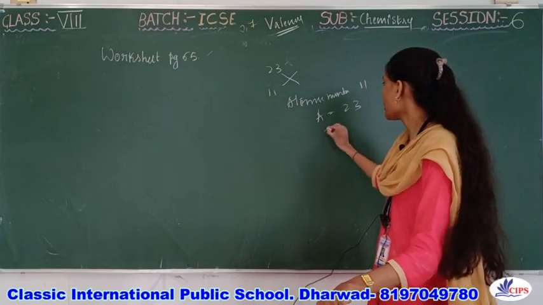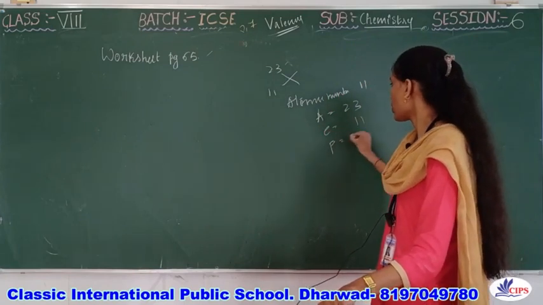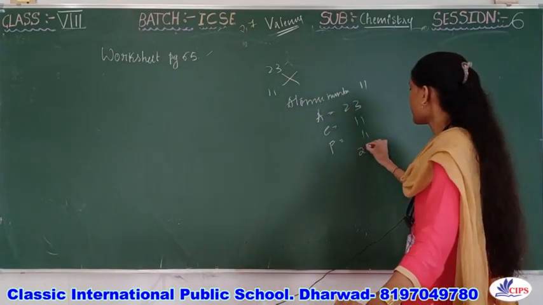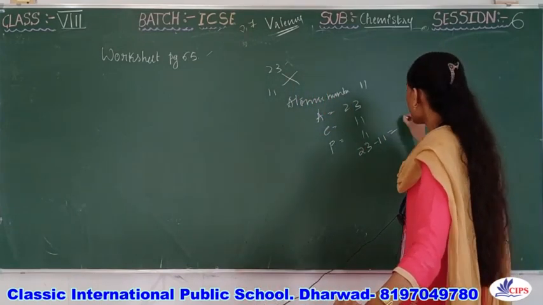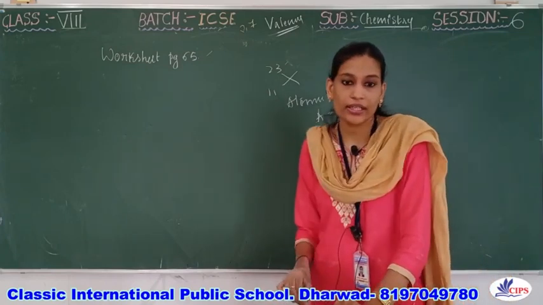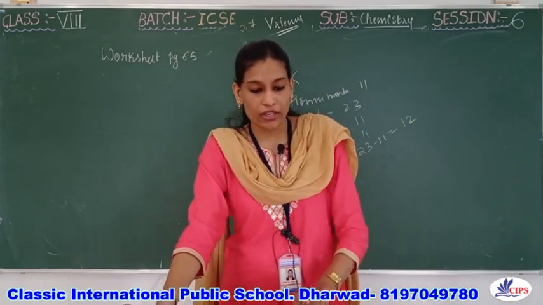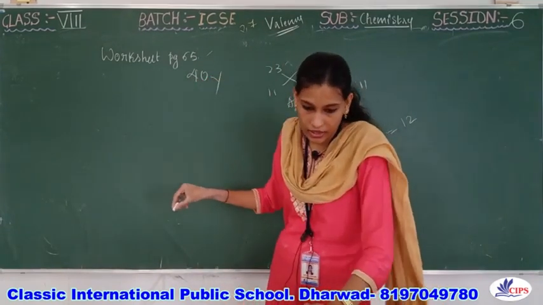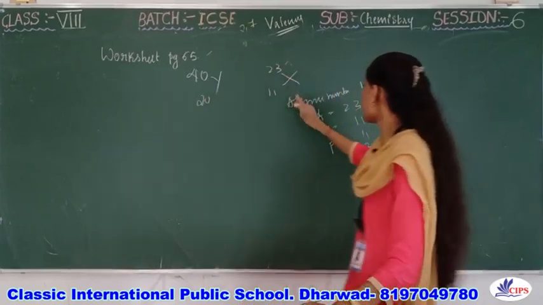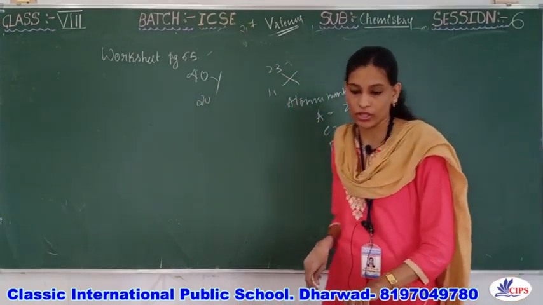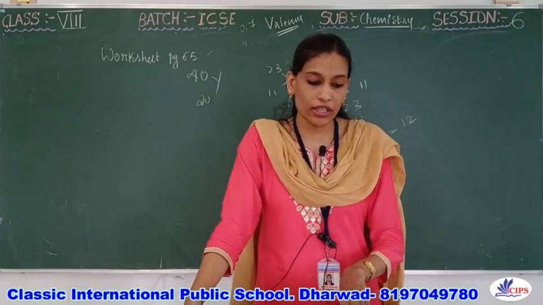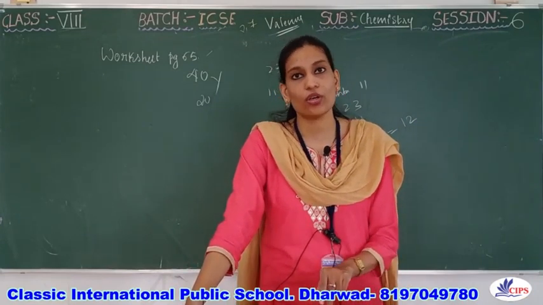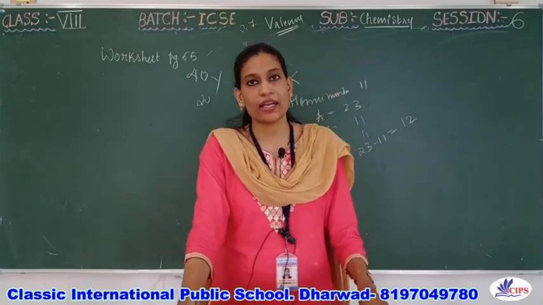Similarly, electrons are 11, protons are 11, and number of neutrons is 23 minus 11, that is 12. Similarly, you do the next one, 40 Y 20. You can try it; it is similar to this. Students, match the following properly and do it in your homework book. I'll be discussing it in the next session.